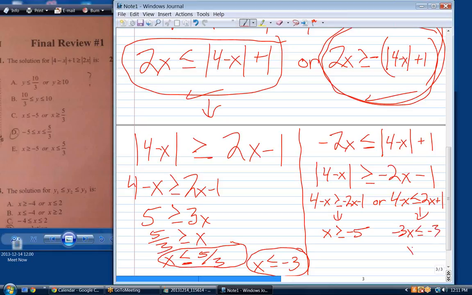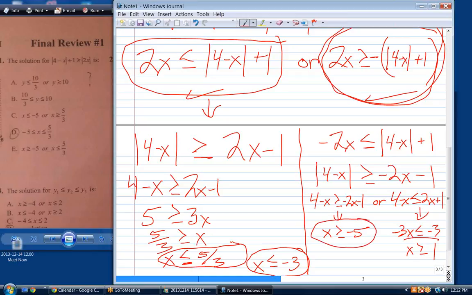Which makes x greater than or equal to 1. In other words, I have to divide both sides by -3. That turns this side into a +1, but I have to switch the sign.